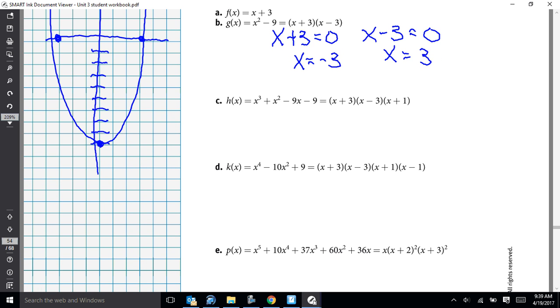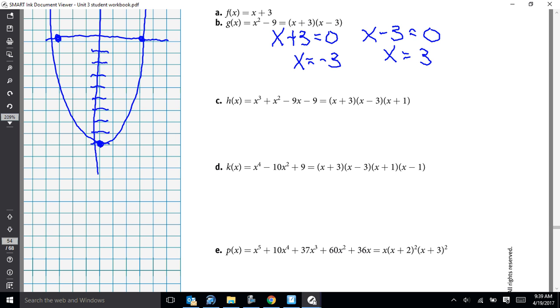So looking at C, our leading coefficient is positive. Our highest degree is 3, so that's odd, right? So this is telling us that we have at most how many zeros? At most 3.